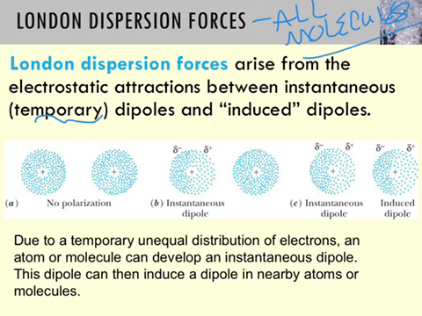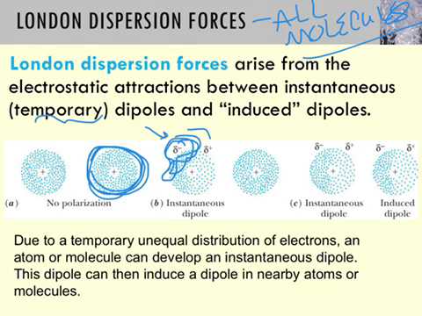Well, at any point in time, we know the electrons are around the nucleus. We're not sure how they move, but we know they are moving. And so there are times where the electrons will be congregated in maybe one portion of an atom, and that'll set up an instantaneous and temporary separation of charge. So on the side of the atom where the electrons are congregated, we'll adopt a partial negative charge, and the side of the atom that is deficient in electrons will adopt a partial positive charge.